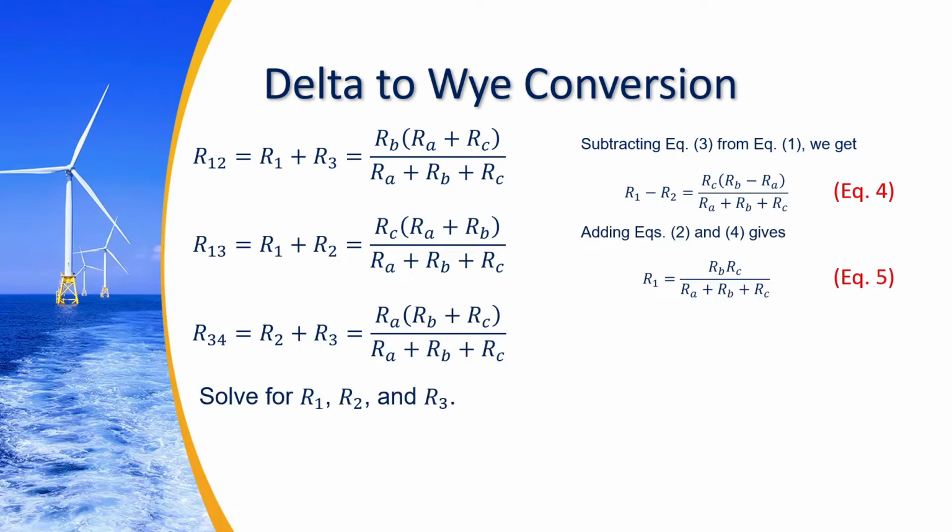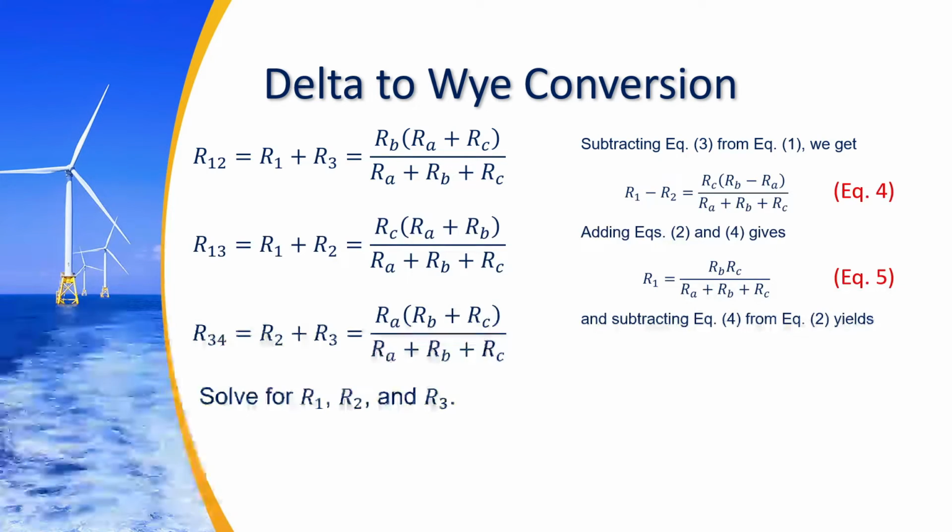So, that will be our equation 5. Next, subtract natin yung equation 4 mula sa equation 2. At magbibigay yan ng equivalent value ng R2 na RC times RA over RA plus RB plus RC. Okay, ito yung equation number 6 natin.